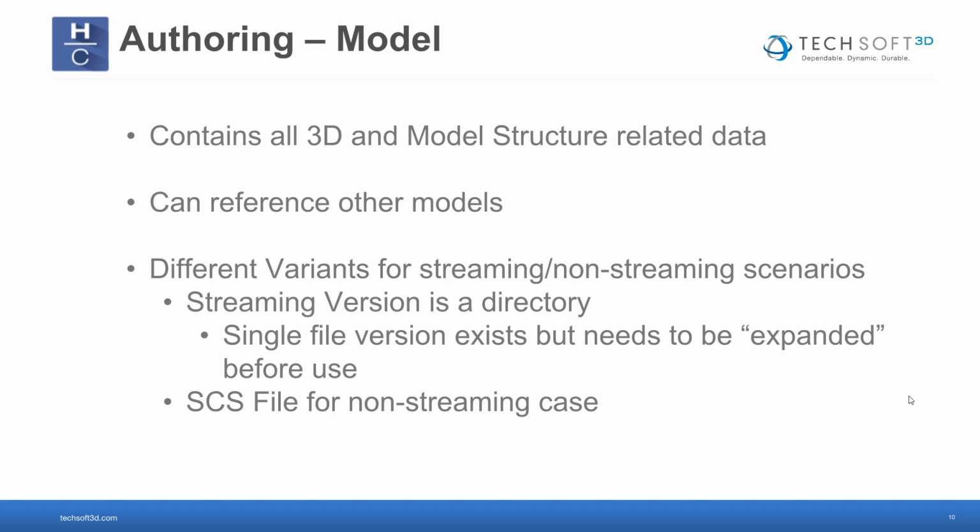Now, one thing that we do want to talk about is a single file version of the StreamCache, but it's in a different vein, and it does warrant some conversation because it is useful for a lot of people. This is the concept of an SCS file, and an SCS file is essentially a captured streaming session encoded into a file.